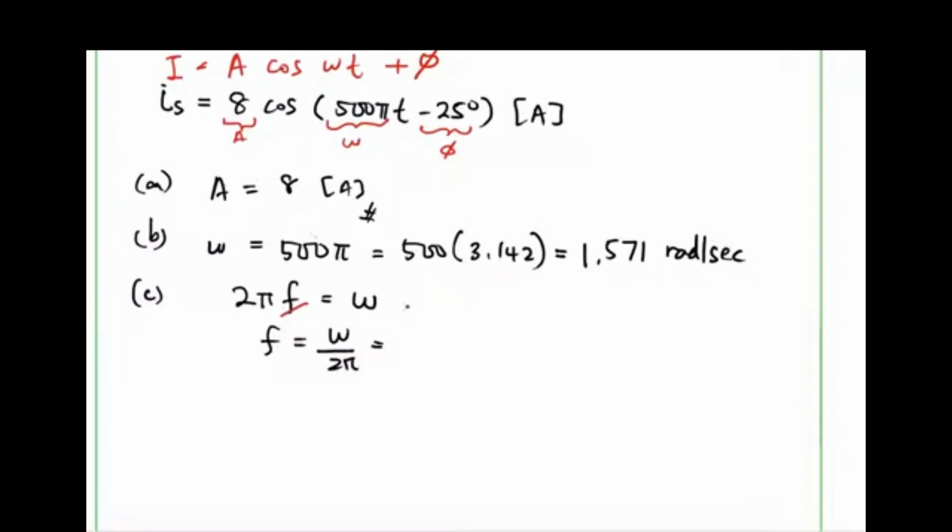Omega is given as 500 pi. Divide it by 2 pi, you get 500 over 2, which is 250 hertz.